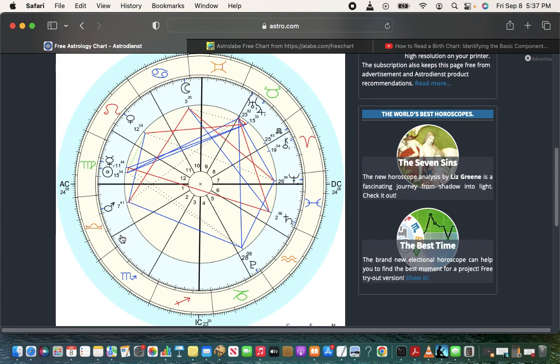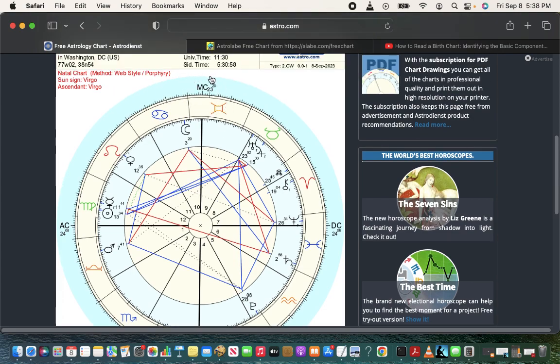Now we also have the chart split into 4 quadrants, this cross here. This is known as the ascendant or rising. And that again is at 24 degrees and 8 minutes of Virgo.